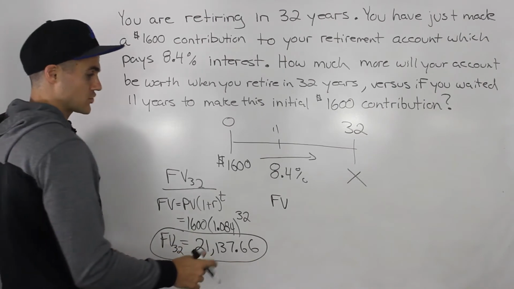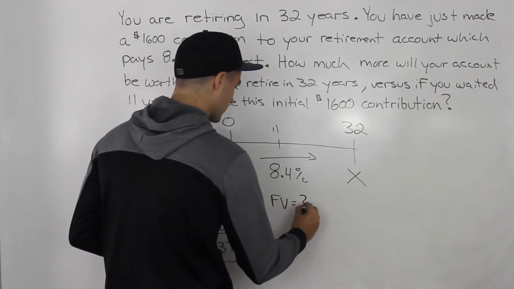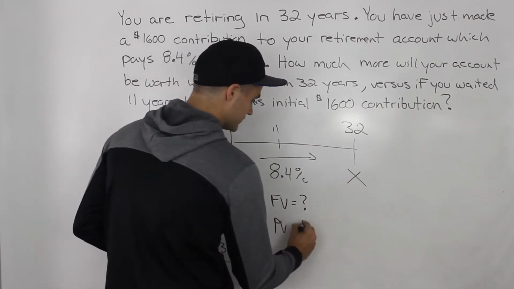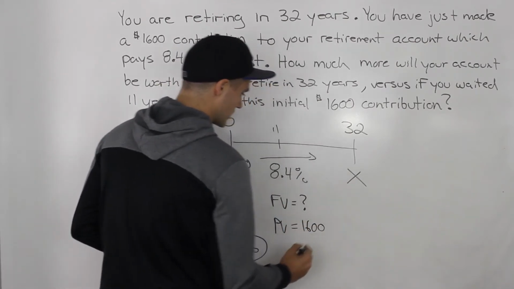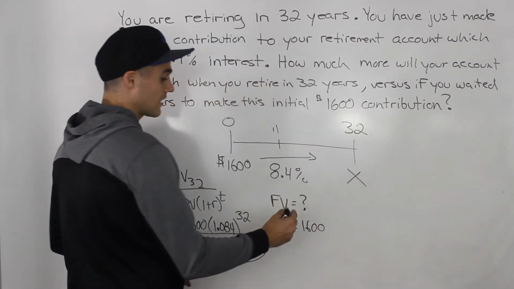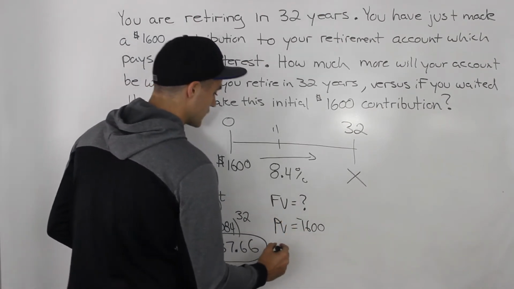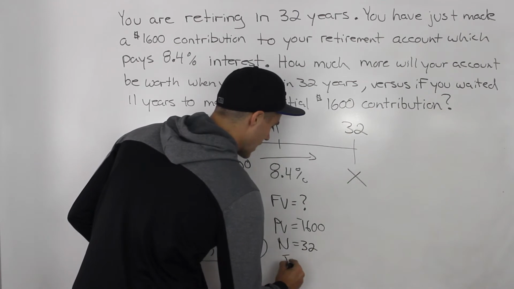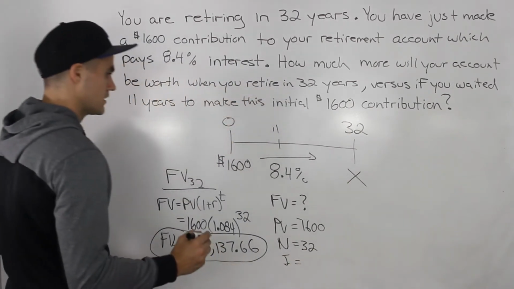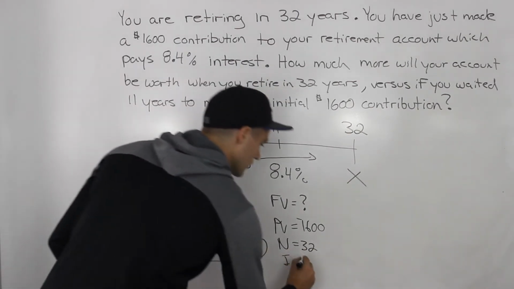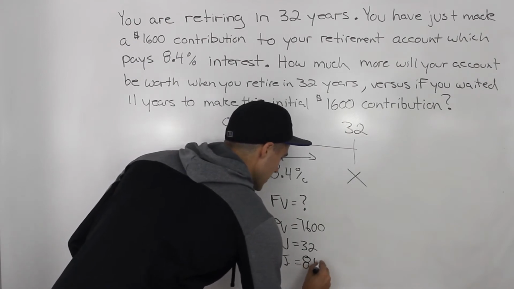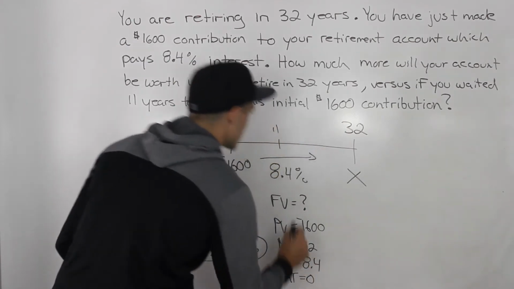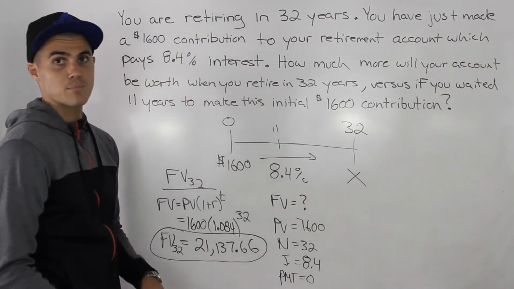input variables in your financial calculator. So the future value we are solving for, present value is 1,600. You're investing that in the account, so that's going to be a negative cash flow. The N would be 32 years. The I would be 8.4%. And then the PMT is 0. There's no other cash flows that are happening in between.